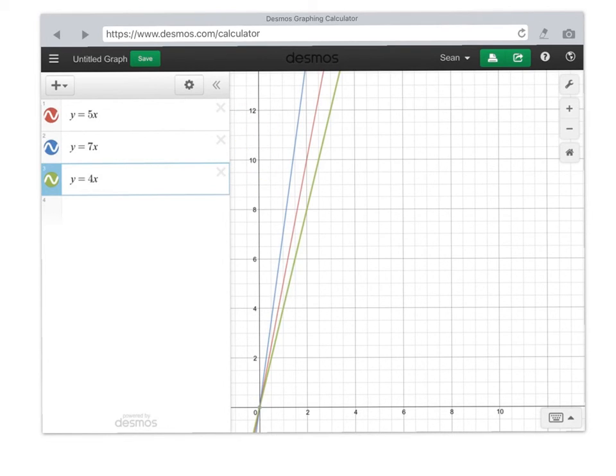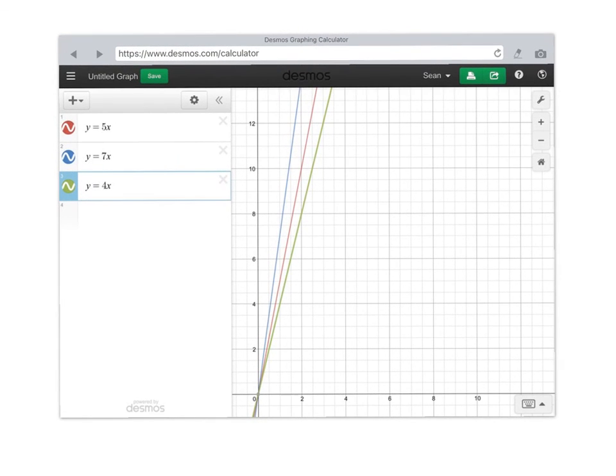All right, so the graph looks a little bit different, but the slope is still less. So you can see here, if I zoom out, the slope is less for the green line versus the blue line, which is the highest slope, and the red is in the middle. So that's how it's represented in graph form.